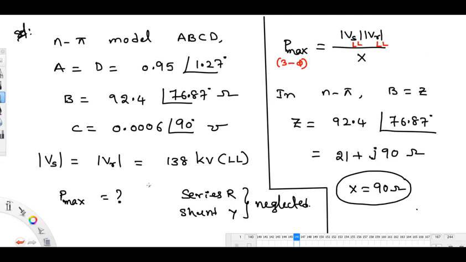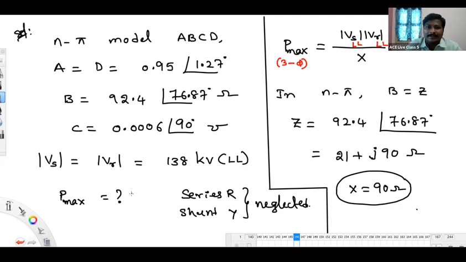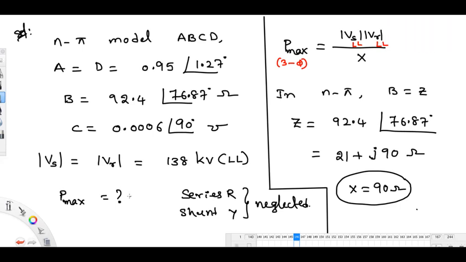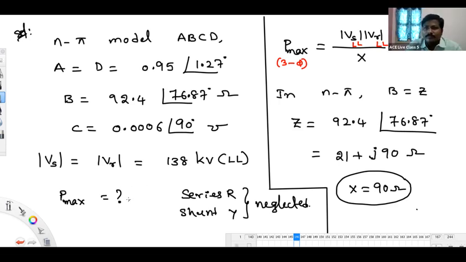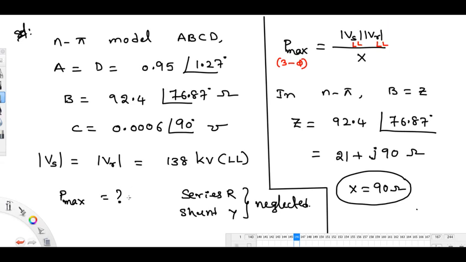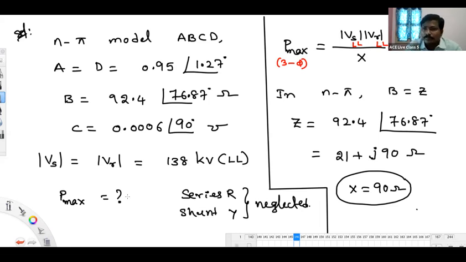Sir, where the resistance is a dominant term compared to reactance. Sir, in high X by R ratio, resistance will be low, no? Yes, low. At that time, losses will be less. Don't talk about loss, anyhow losses will be less. But you say resistance is negligibly small in comparison with reactance in power flow. Yes, sir.